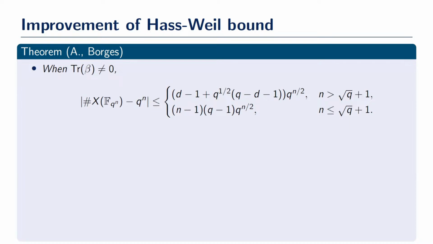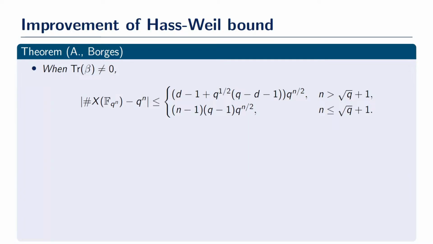If the trace is non-zero, we do have also improvements, but here we can split the improvements into when n is bigger than the square root of q, and when n is smaller than the square root of q. Okay? Both of these are also improvements on the Hasse-Weil bounds.